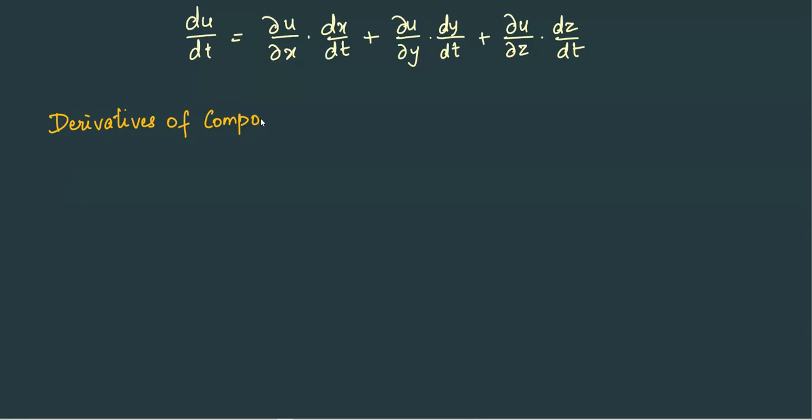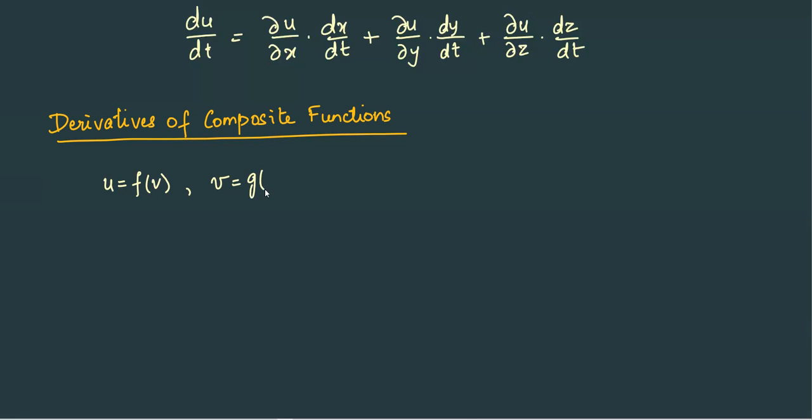We know in a function of single variable, suppose u is a function of v and v is a function of w and w is a function of x.